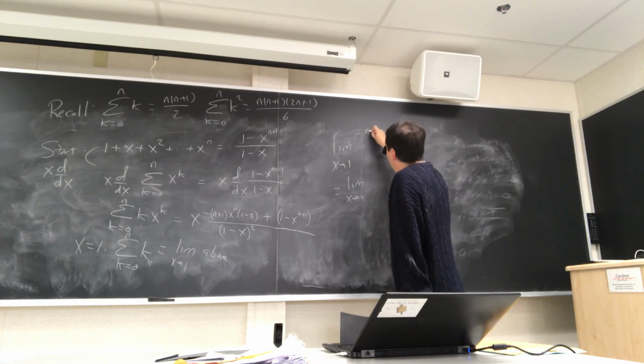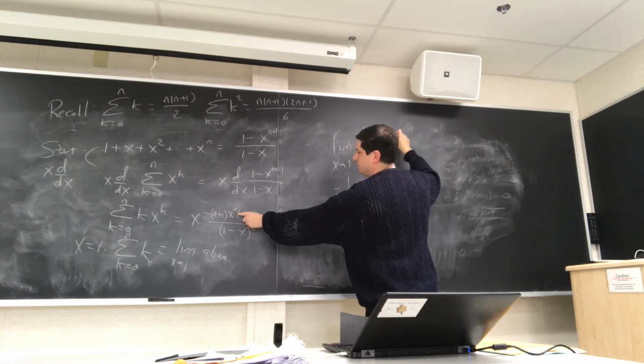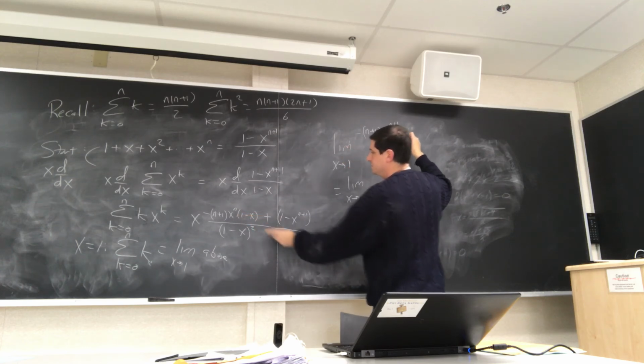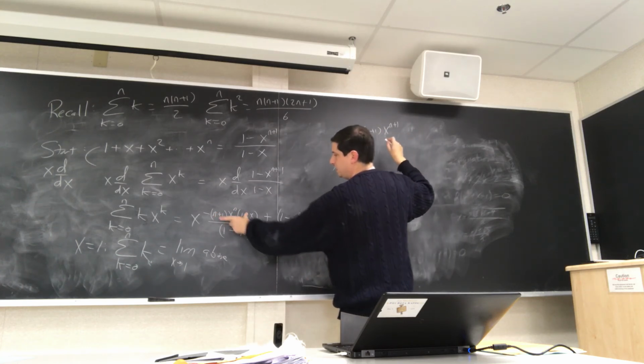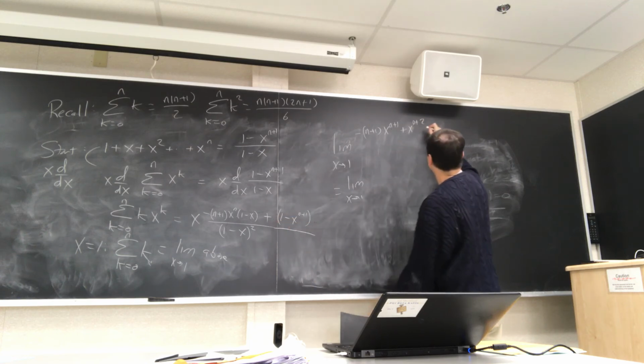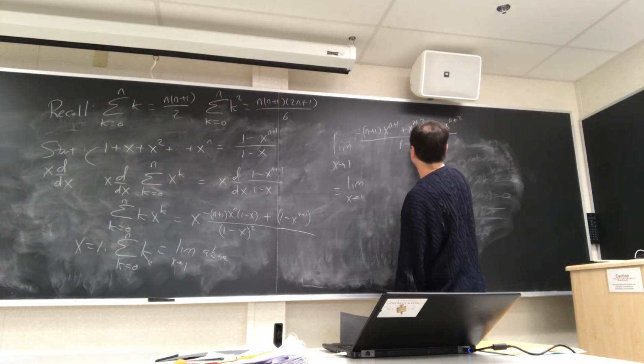We have negative n plus 1 x to the n plus 1. And then we have a minus, and a minus becomes a plus, x to the n plus 2. And then we have a plus x, and we have a minus x to the n plus 2 over 1 minus x squared.